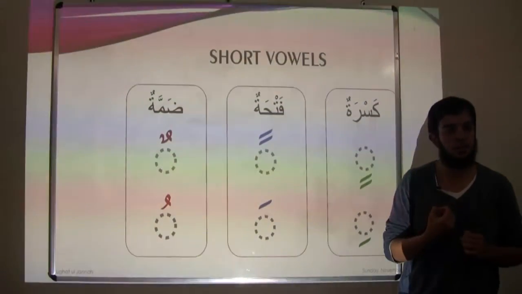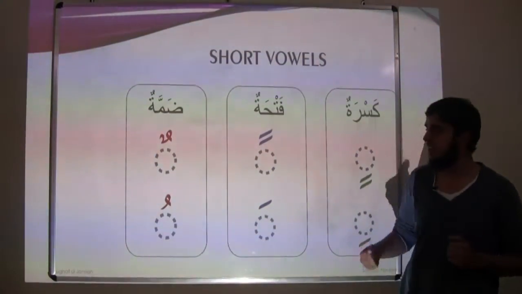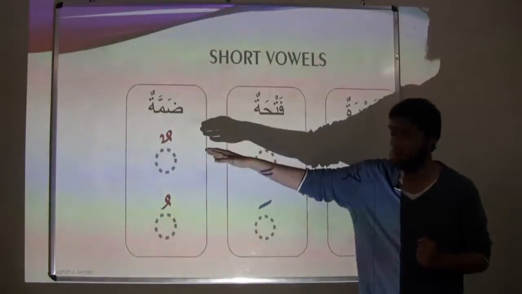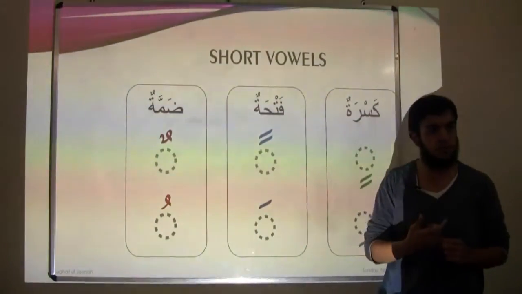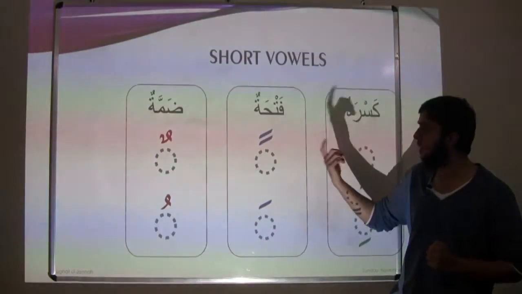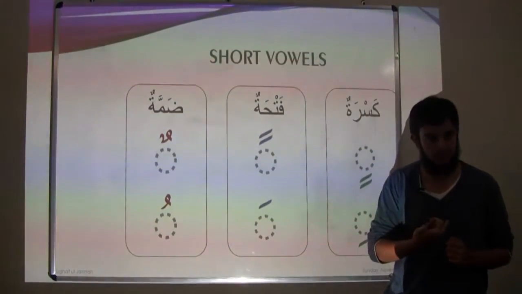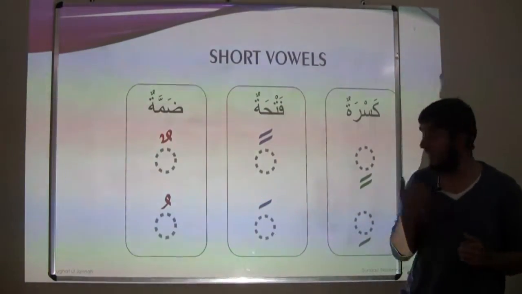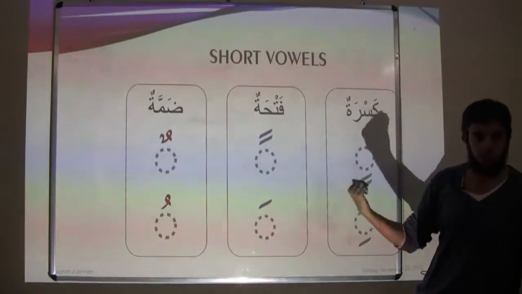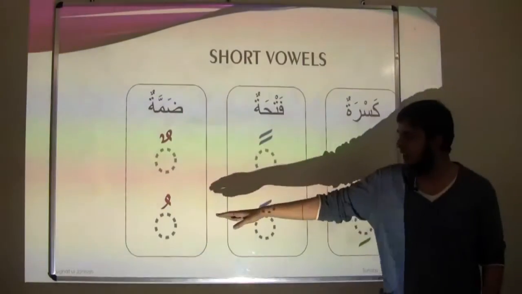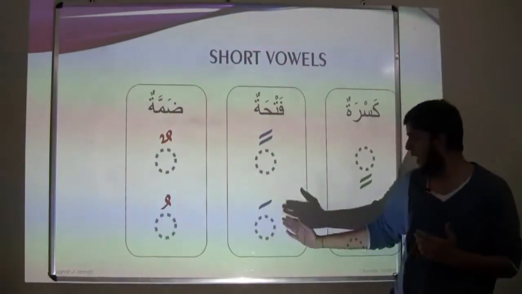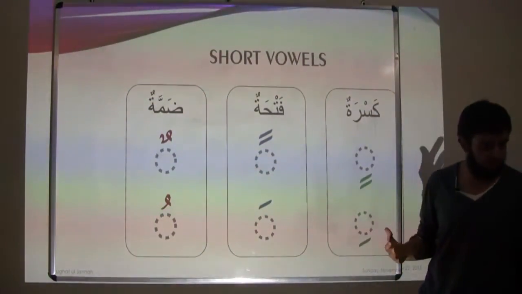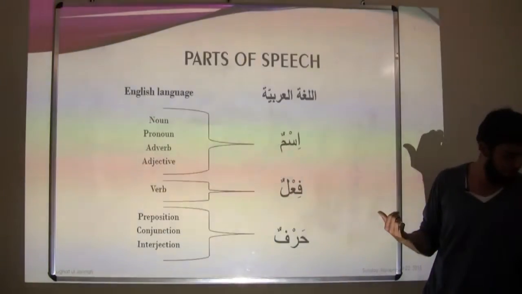It's called nunation in English. For example, if it is double dhamma, we get a sound of un in the end, and if it is double fatha, we get a sound of an in the end, and if it is double kasra, we get a sound of in in the end. So that's how they work out. And here, if it is single, we get the sound of u, a, and i. We'll be learning more and more later, inshallah.